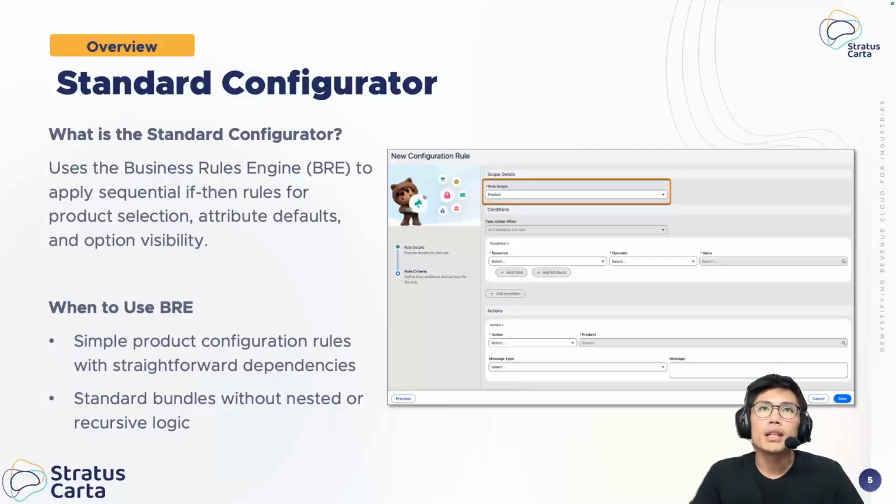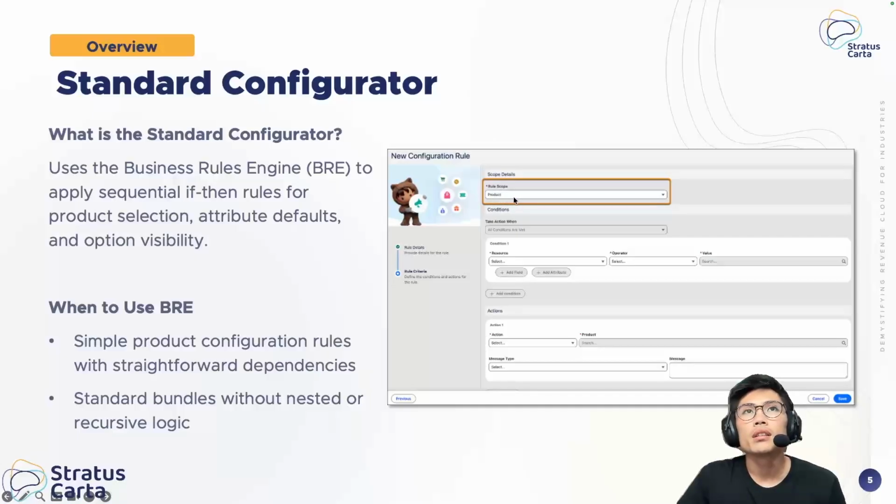But once you have it activated, you would have the option to create configuration rules. On the topmost, you can see the rule scope over here. In here, you can set if the scope is a product, a bundle, or the entire transaction, the quote or the order. You can set conditions based on the field, its attributes. You can set an operator and then the value.